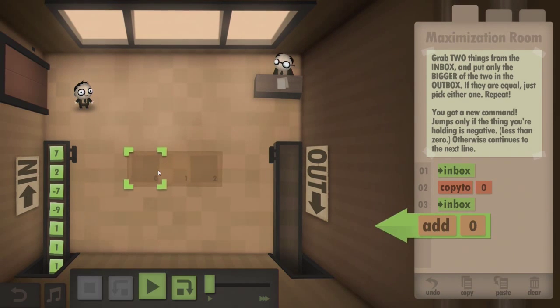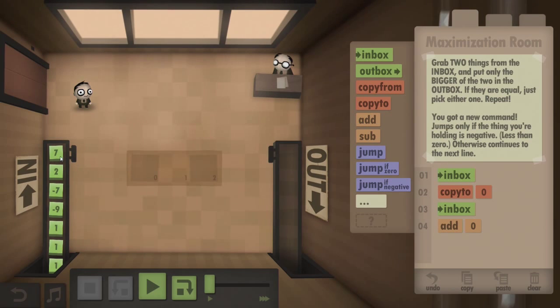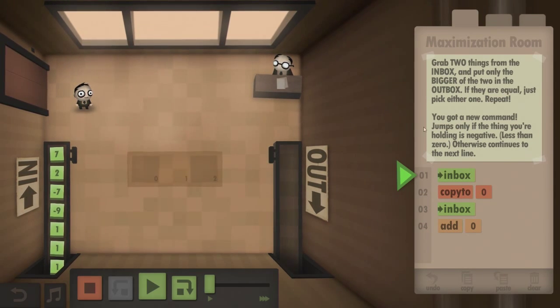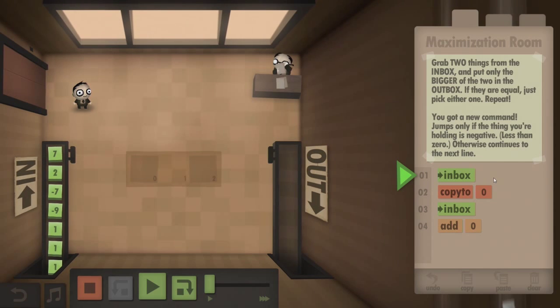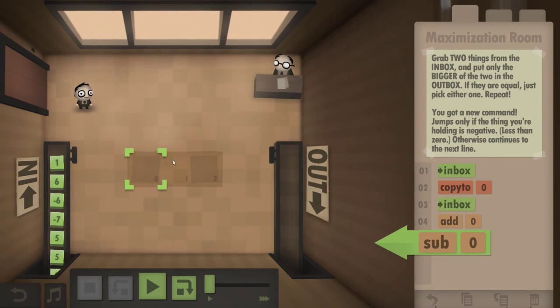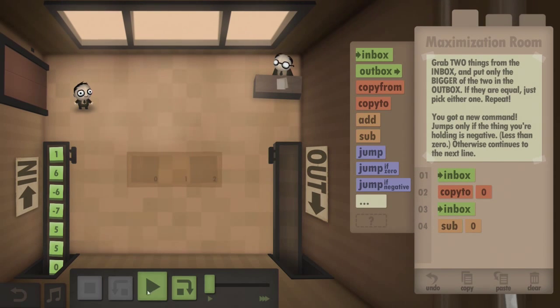Add to 0. So out of those first two I want to send the 7, right? So, hang on. Stop. Sub 0. Get rid of that.